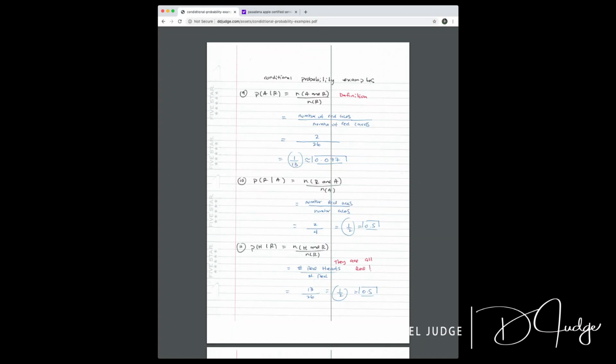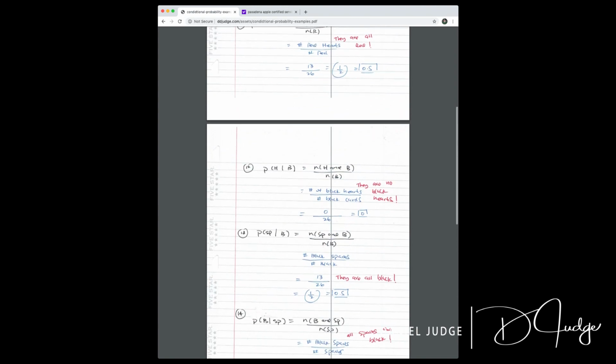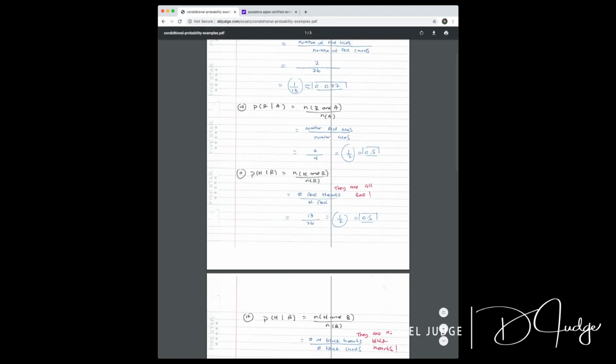You can still kind of read it. These are conditional probability questions with the face cards that we went over before the break. The additional examples are labeled 9 through 16, and I would like you to look over them if you haven't already.